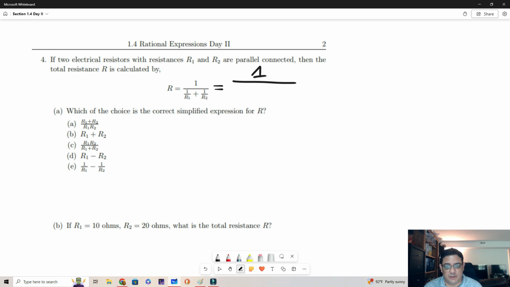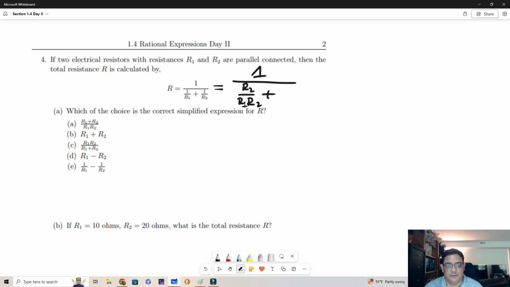Because we want to add with common denominators in this fraction, notice that this is R1 and R2. I'm going to multiply by R2 up and down. So now this piece is going to be R2 over R1 plus R2.